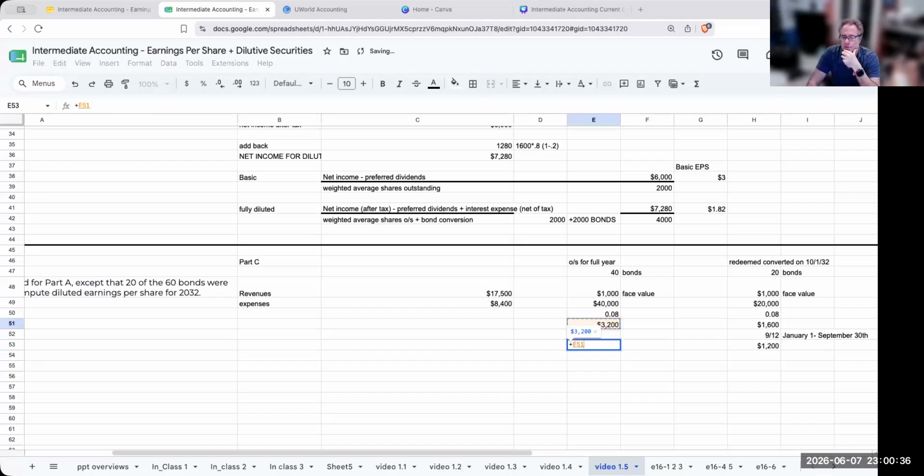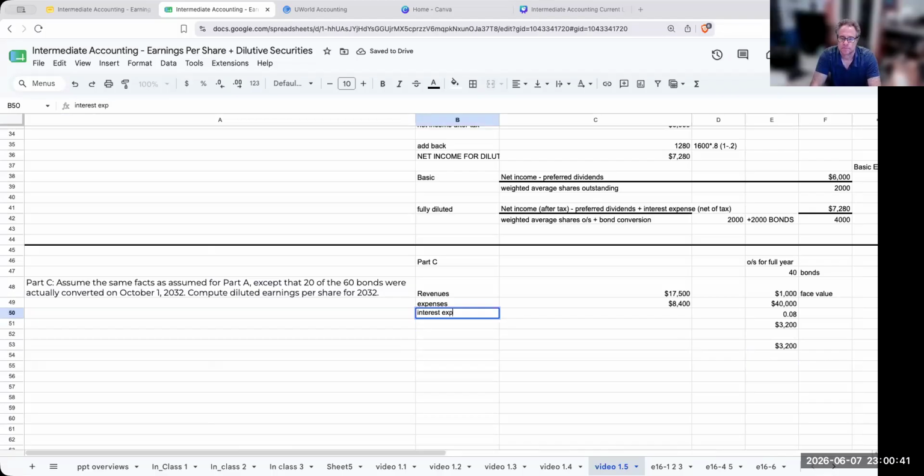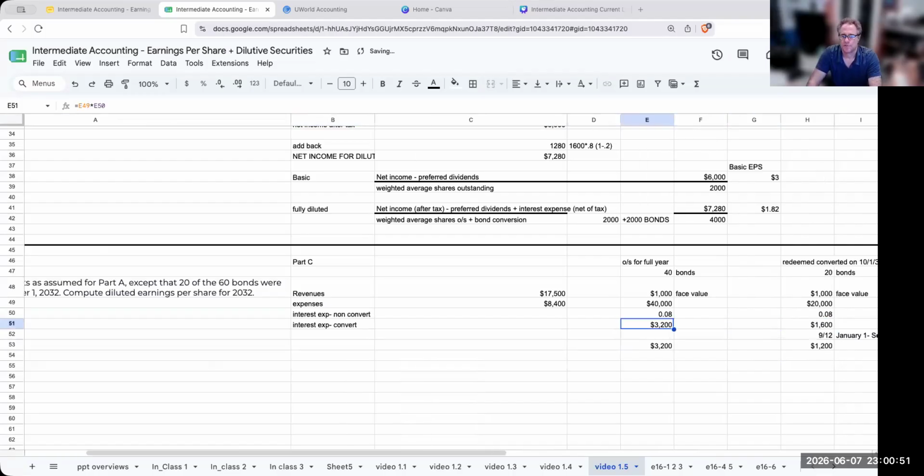So my actual interest expense on the non-converted bonds was 3,200. My interest expense on the converted bonds was 1,200.